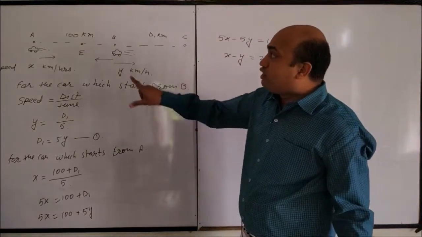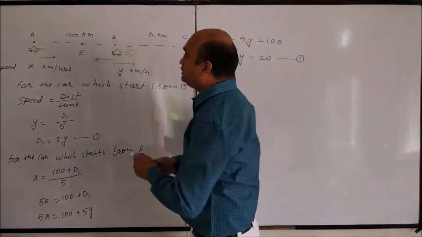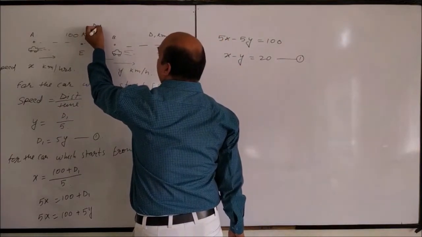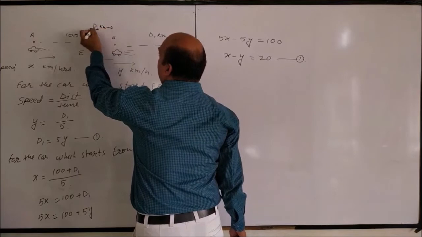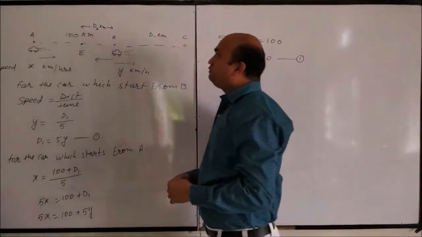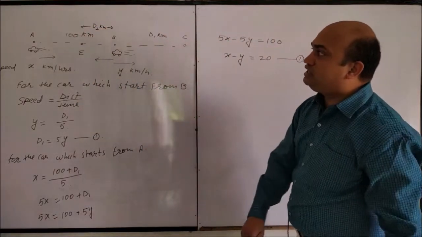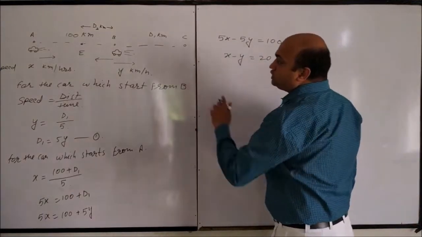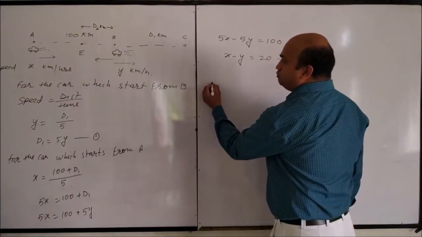At point E we will consider the distance between B and E as d2 kilometer. Now again for the car which starts from B.